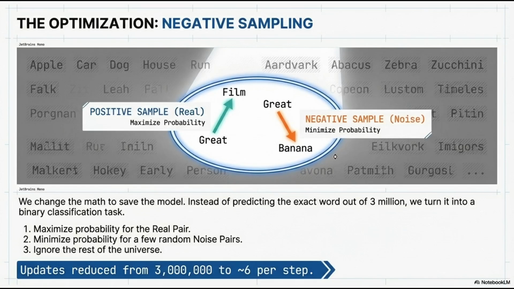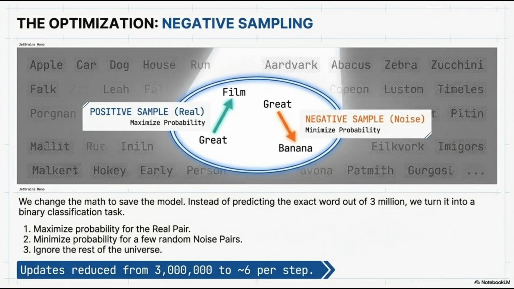So we come up with a solution called negative sampling. It's like a cheat. Instead of calculating the probability against the entire universe of words, the dictionary, we turn this into a simple binary classification problem.